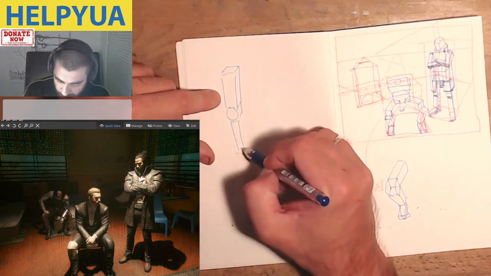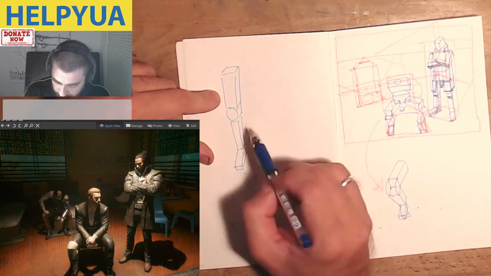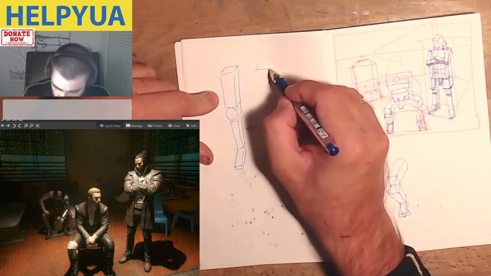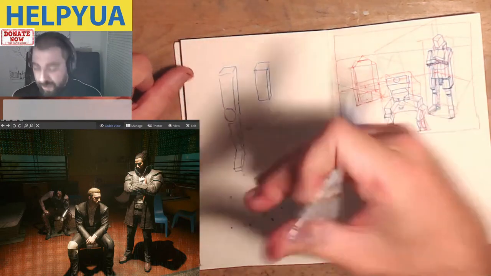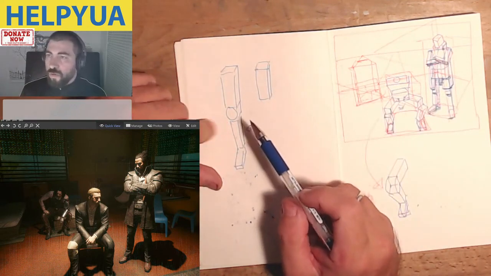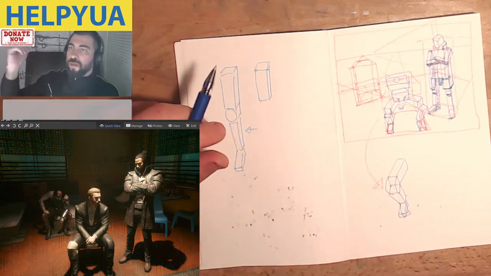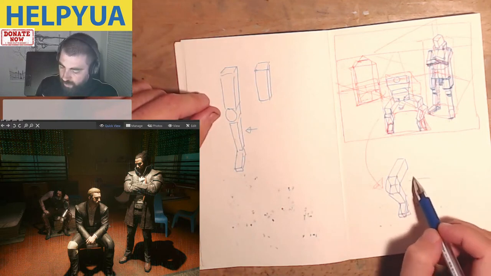So this part with the feet can actually be rotated. Usually this part is rotated only when we sit, when the leg is already bent.